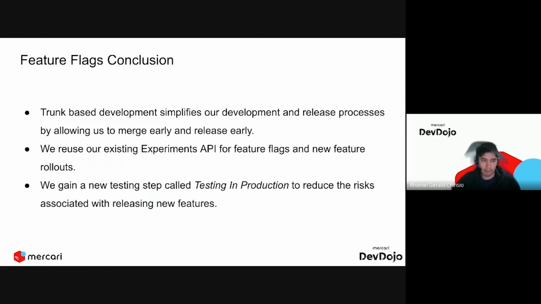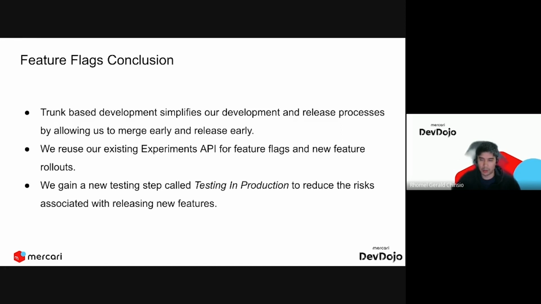So we try to aim for trunk-based development to get our code changes merged as soon as possible by hiding them behind feature toggles. We currently reuse our existing Experiments API to do this. It's a little bit hacky, but it works. In the future, we will continue to do this, but in a different way.